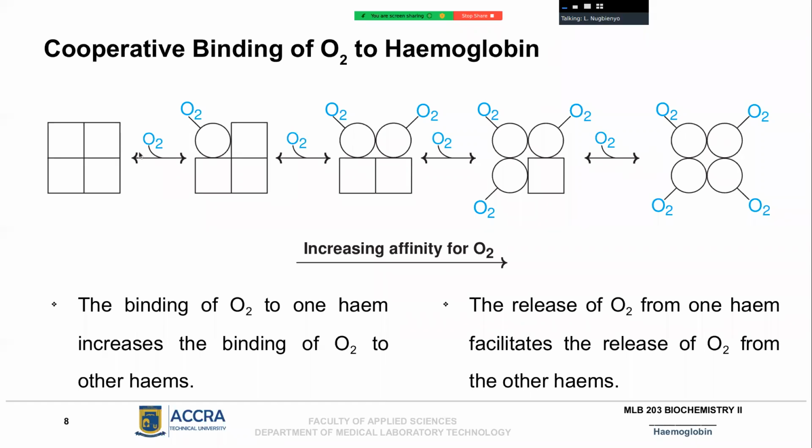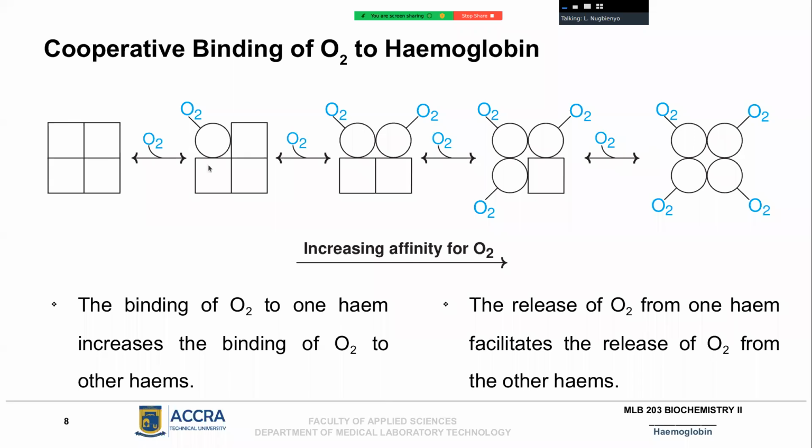So this is for the deoxyhemoglobin. There is no oxygen bound to it. You have a first molecule of oxygen coming to bind to the hemoglobin, and the affinity of hemoglobin to oxygen increases.